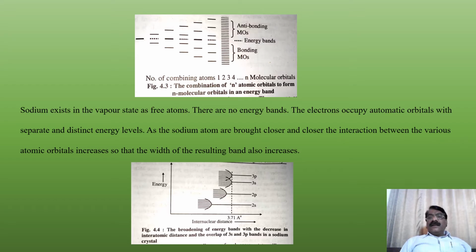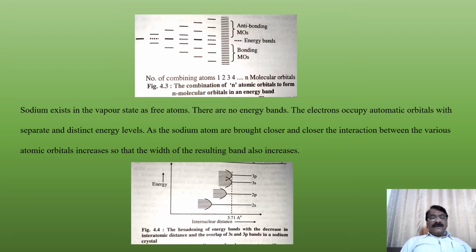The electrons occupy atomic orbitals with separate and distinct energy levels. As the sodium atoms are brought closer and closer, the interaction between various atomic orbitals increases, so that the width of the resulting band also increases.